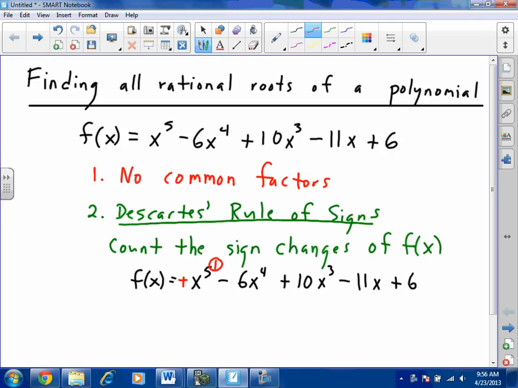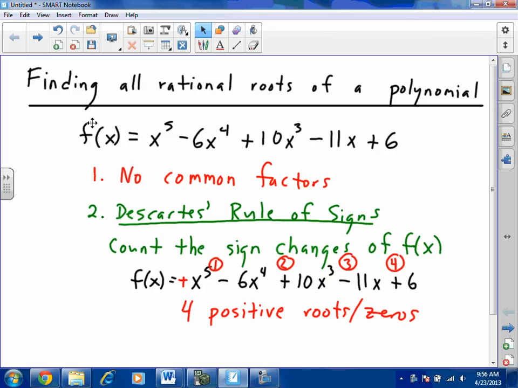From the negative 6x to the 4th, the next term is also a sign change, going from negative to positive. So that's sign change number 2. Going from positive 10x to the 3rd to negative 11x is sign change 3. And going from negative 11x to positive 6 is sign change number 4. So that tells us that we have 4 positive roots, 4 zeros.